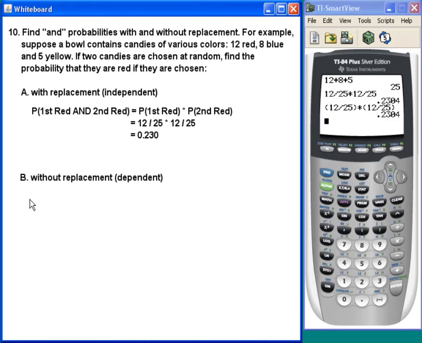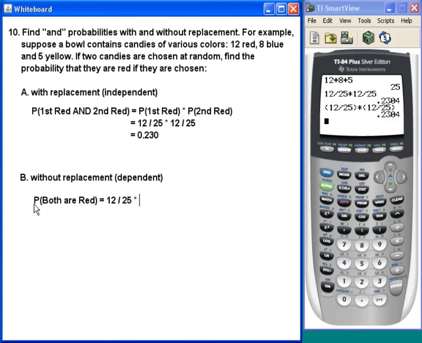Okay, now the next one, we still want the probability that the first one is red and the second one is red, but we're not replacing the first one. So here, the probability that both are red is going to be the probability that the first one is red times the probability that the second one is red.